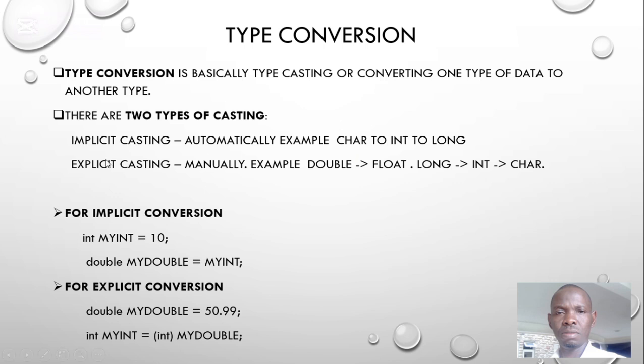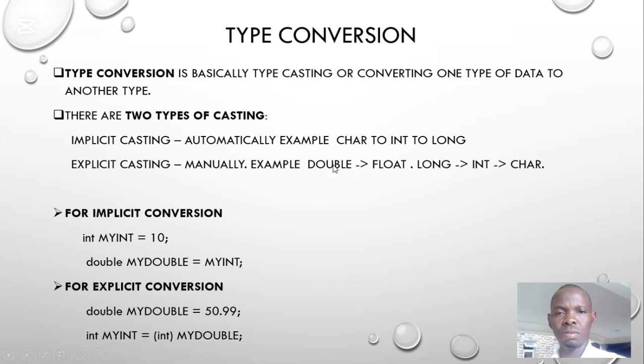But explicit conversion is done manually. An example is converting from a large data type to a small data type.